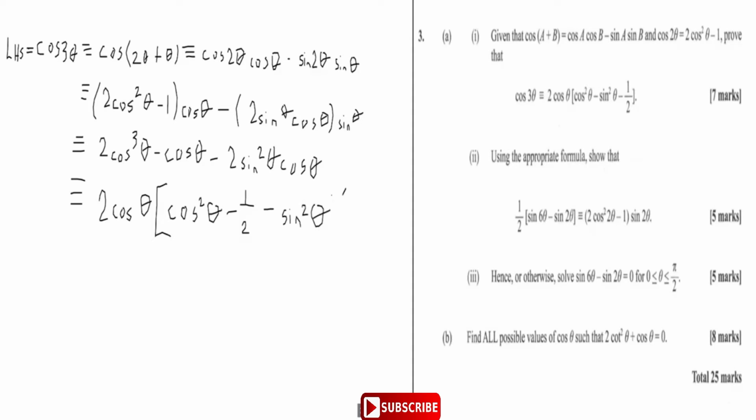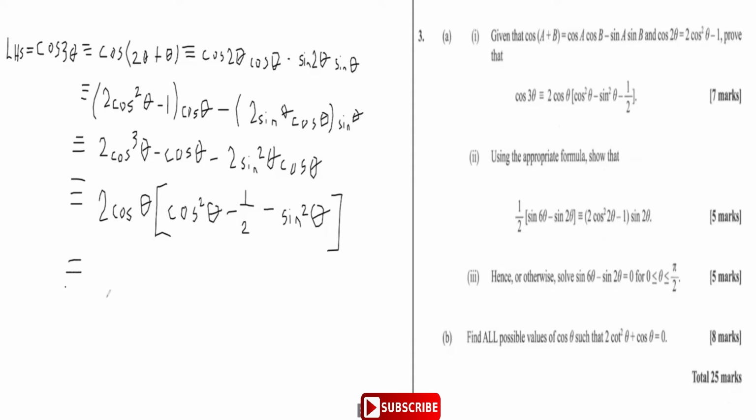We know that addition is commutative, so we can replace the plus minus a half, plus minus sine square, and write it as minus sine square minus a half. So now we'll finish.